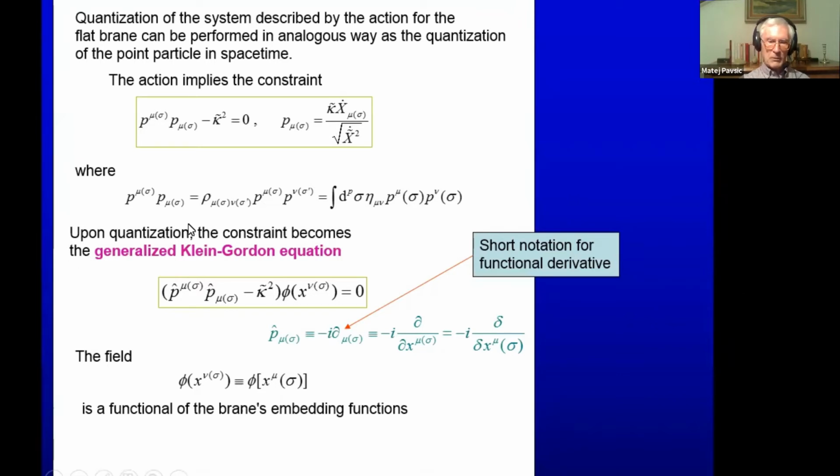And upon quantization, the constraint becomes the generalized Klein-Gordon equation. So this is this equation here, where P hat are now operators, functional derivatives with respect to the embedding functions. The field phi is a functional of the brane's embedding function, and momenta are functional derivatives. Like in the usual quantum theory, momenta are partial derivatives with respect to coordinates.